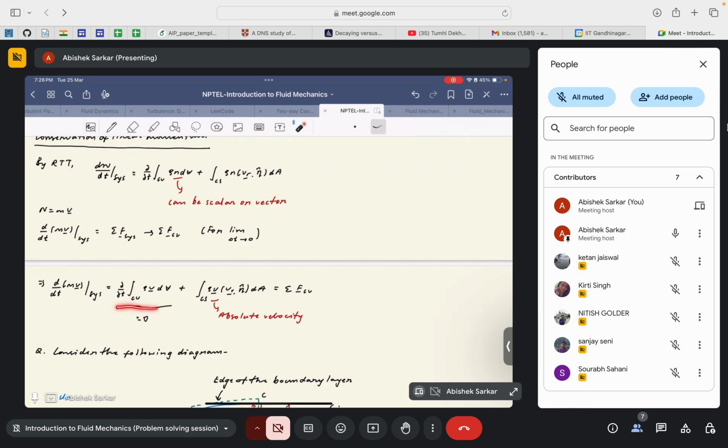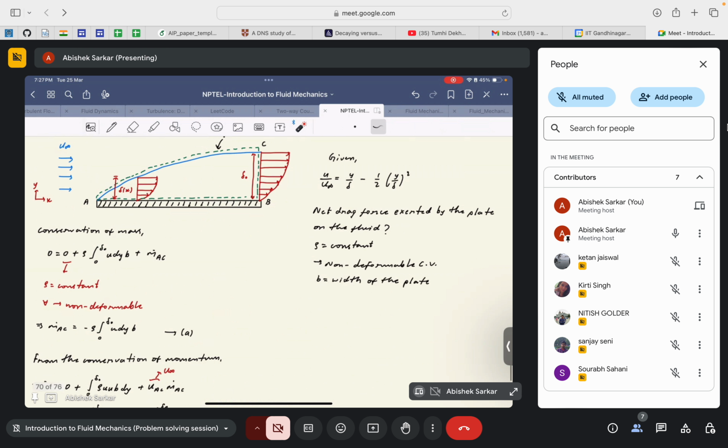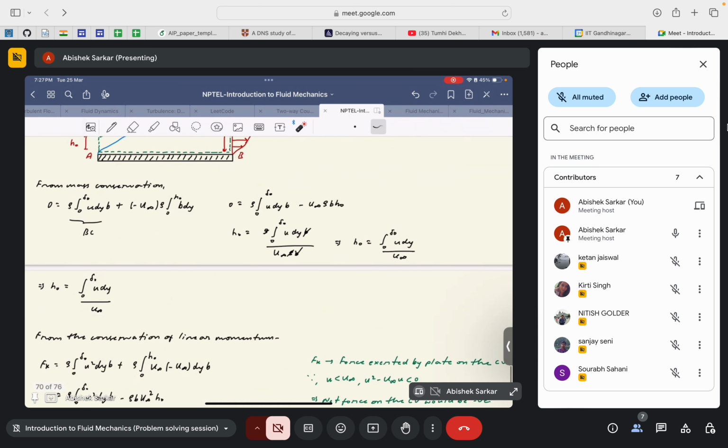So the first term is 0 for a velocity independent of time, a non-deformable control volume, and a constant density problem. Okay, so the first term is again 0.